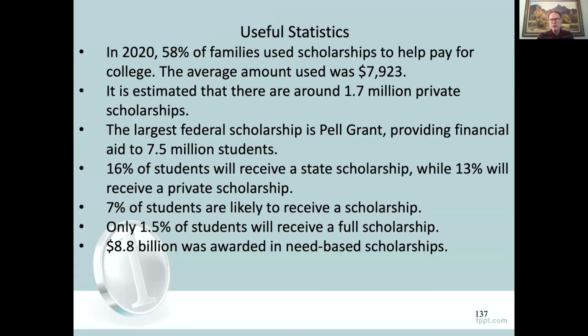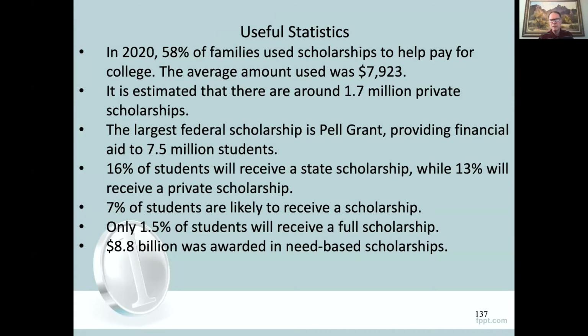Now, here's just a general set of slides that talk about the importance of scholarships and how prevalent they are in our country. 58% of the families use scholarships to help pay for college. 1.7 million private scholarships.